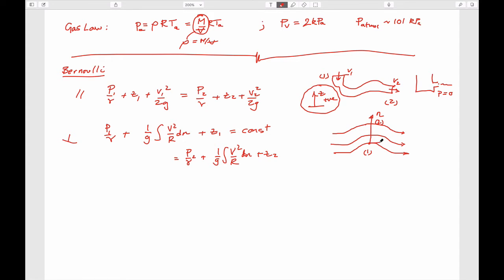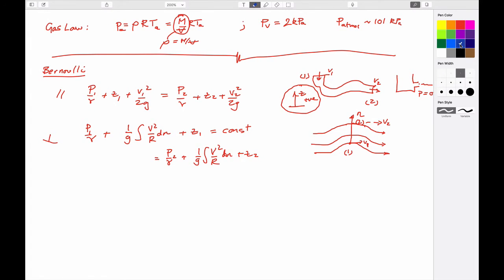So this would be v1 in this particular case, and this would be v2. And the radius would be the radius of curvature. So whatever, if you were to draw, let me do this. You might not absolutely need to use this, but you can write it down anyway.